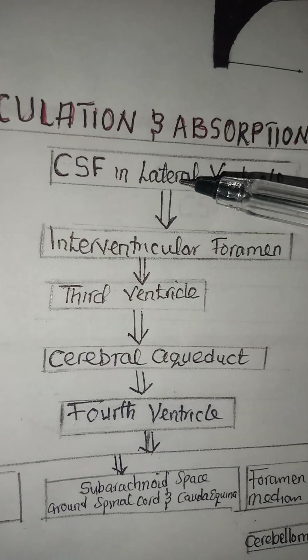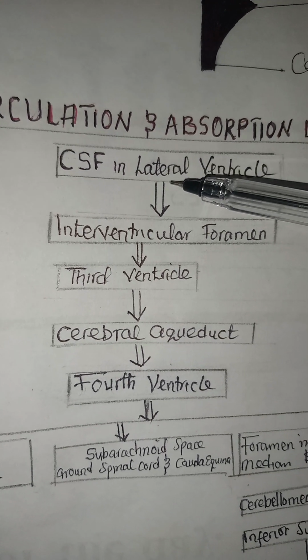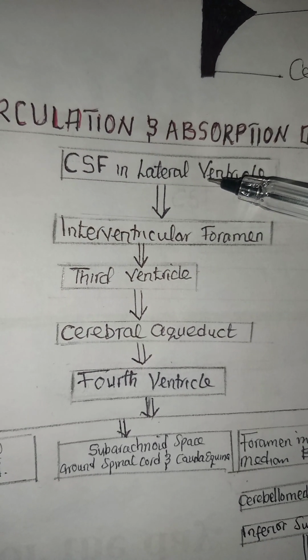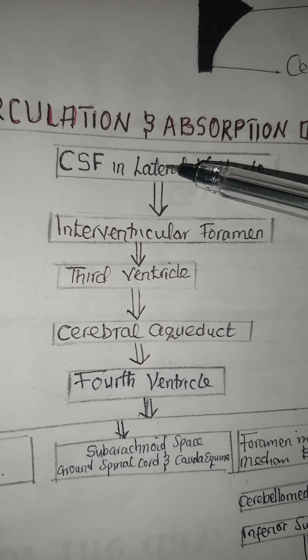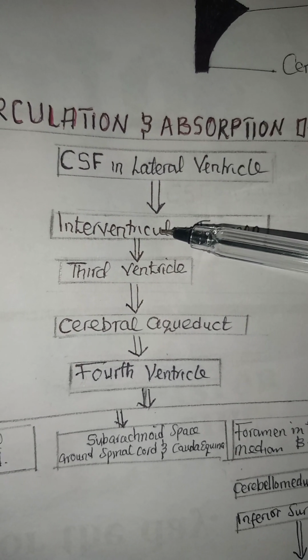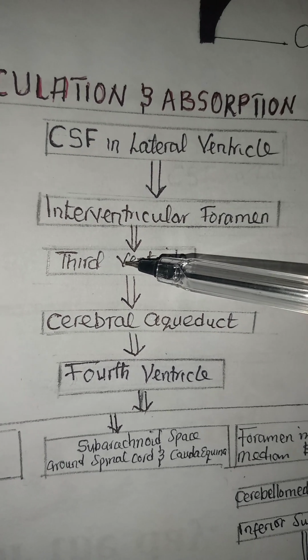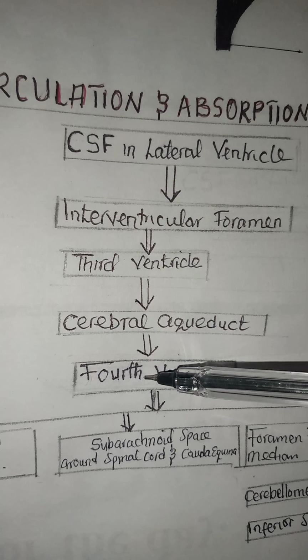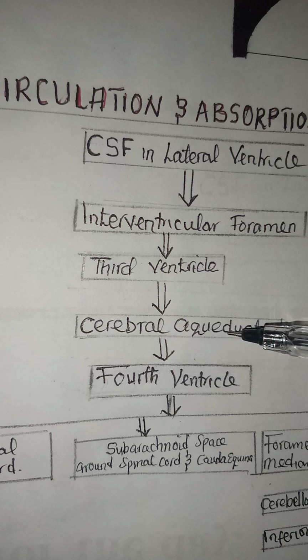So this is what we are basically doing here. So in the lateral ventricle, the cerebrospinal fluid moved to the third ventricle via the interventricular foramen, from the third ventricle to the fourth ventricle via the cerebral aqueduct.